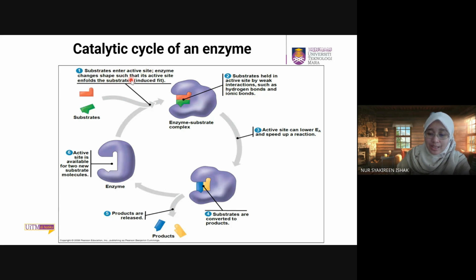The enzyme changes shape, such that its active site enfolds the substrate, which is the induced fit model. The substrate is held in the active site by weak interactions such as hydrogen bonds and also ionic bonds.